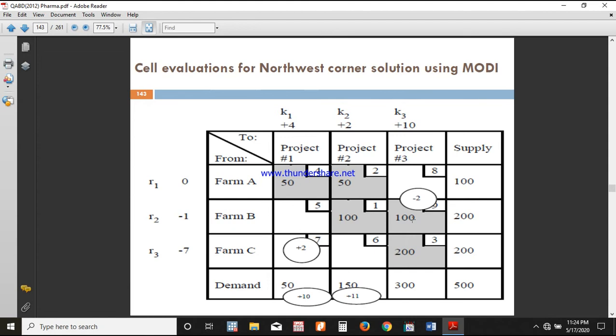And this is an occupied cell, so it is possible to find the value of K3, because minus 1 plus K3 will become 9. Therefore, the value of K3 will become 10. Here it is also an occupied cell, with the K value 10. R3 plus K3 is equal to 3, therefore the value of R3 will become minus 7.